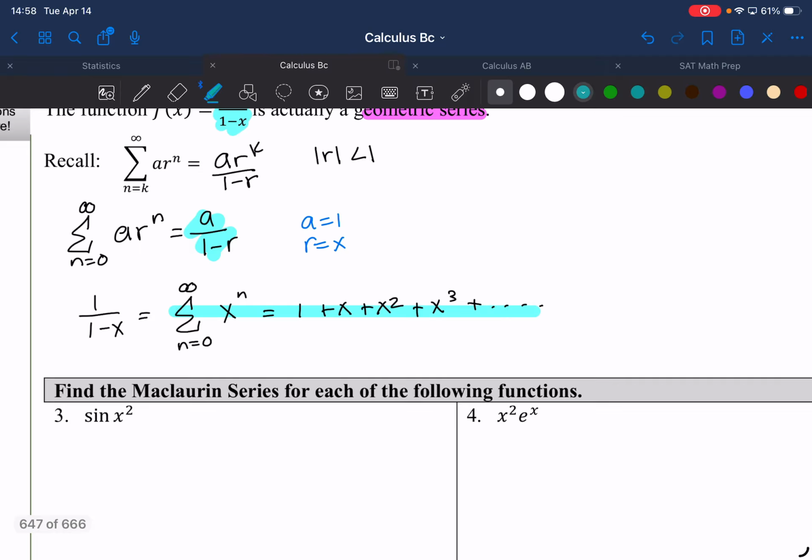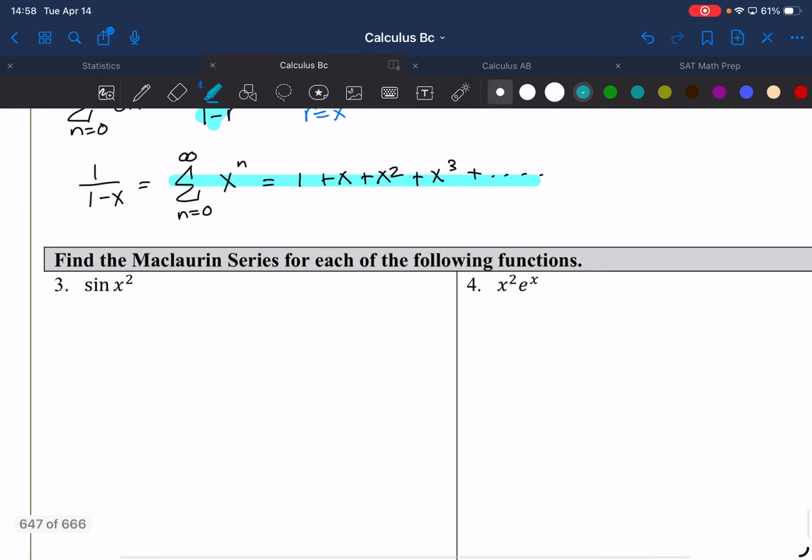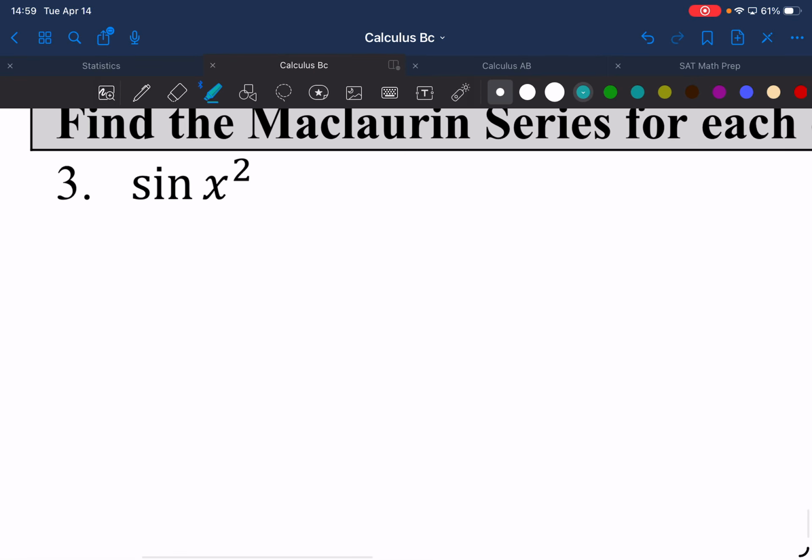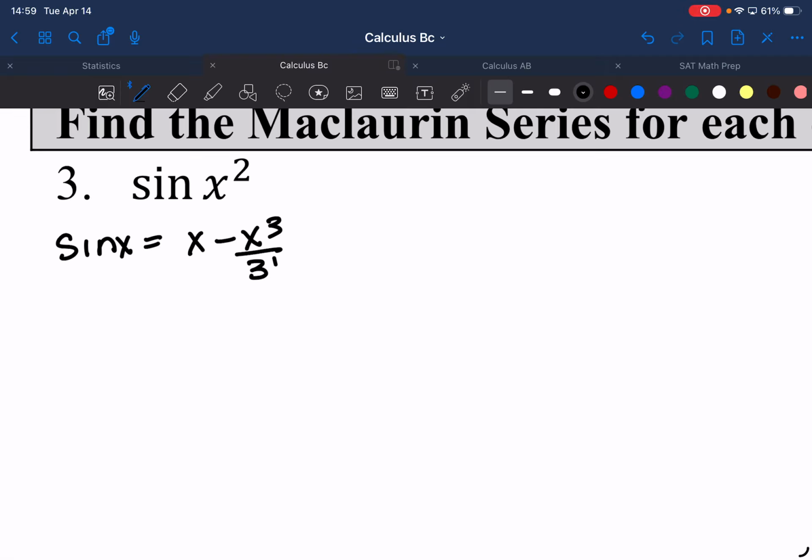So sine of x squared is equal to x squared minus x squared to the 3rd power over 3 factorial plus x squared to the 5th power over 5 factorial minus x squared to the 7th power over 7 factorial, and then continuing on.